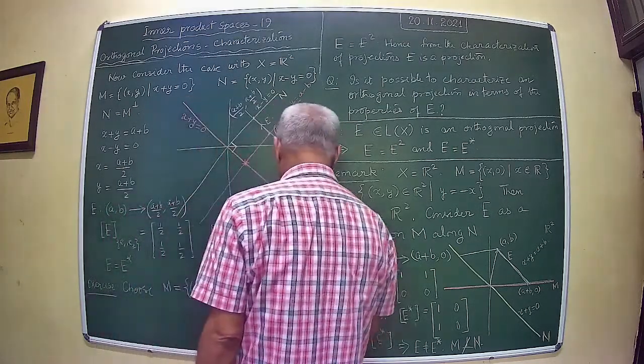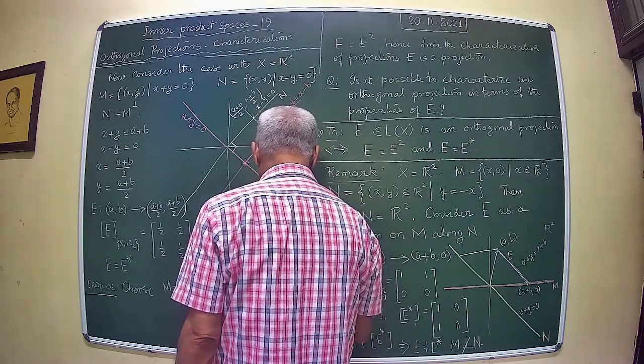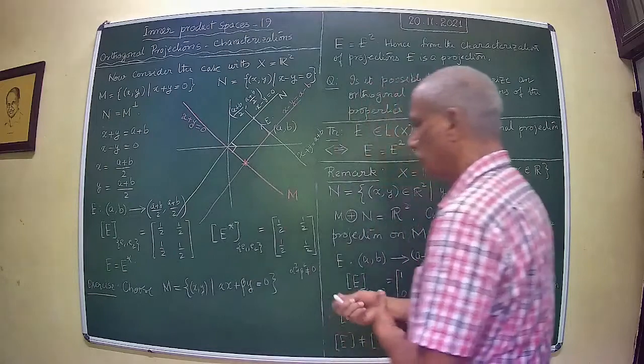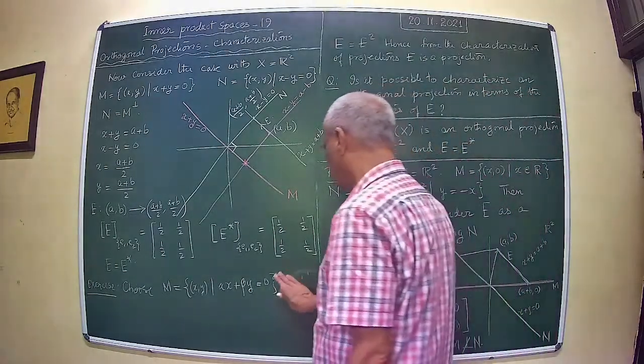Alpha squared plus beta squared not equal to 0. Okay, with this condition. So we will put it here itself.